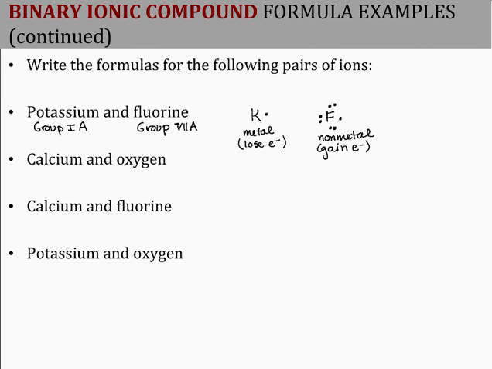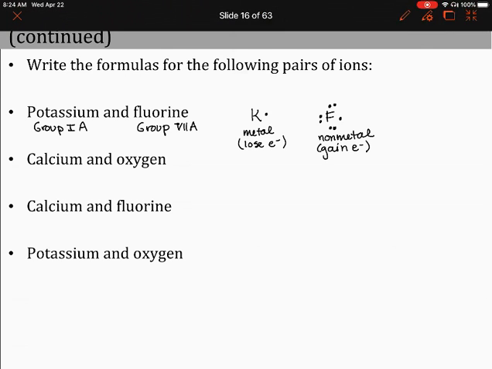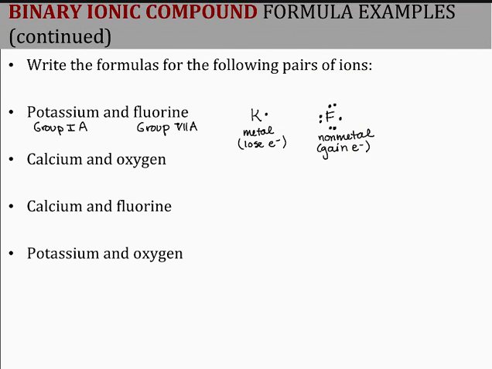Okay, so remember that everything wants to be like a noble gas and have 8 valence electrons, except for hydrogen, which only wants 2. But in general, everything wants 8 electrons. Now, if potassium loses 1 electron, its valence electron, it becomes a positively charged ion because it has 1 less electron, so that means in that case we have an extra proton with a positive charge.